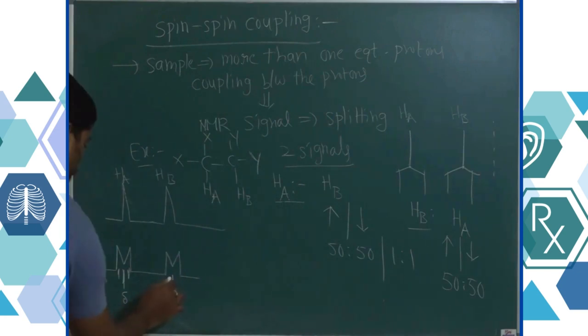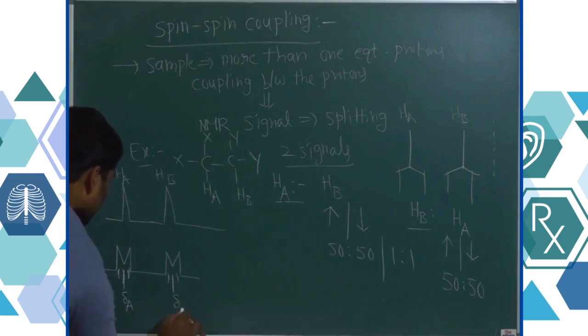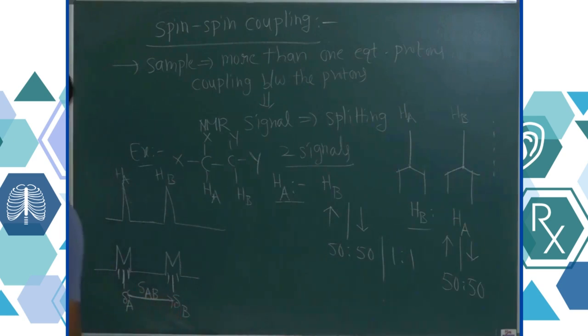When it interacts with the upward orientation of A, its chemical shift increases. When it interacts with the downward orientation of A, its chemical shift decreases. So this is delta A, this is delta B, and this gap is called delta AB.